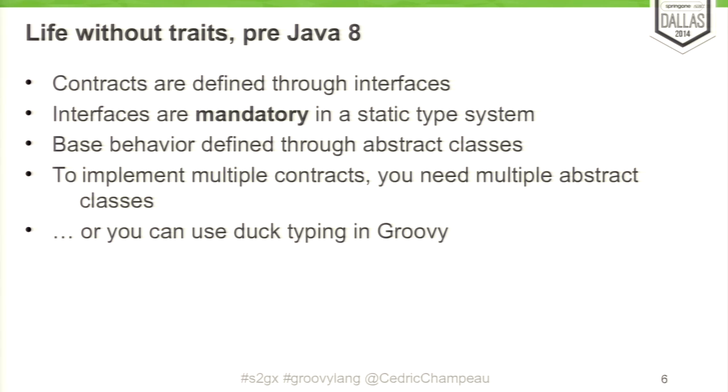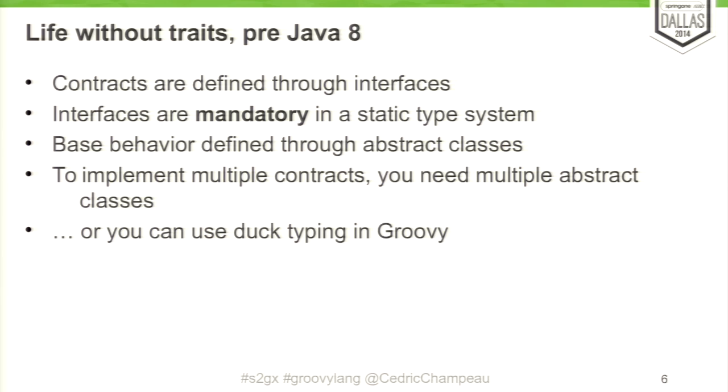And a message is a method call with some arguments. So within an interface, you can define a contract which is common to multiple classes. That's interesting to have contracts. It allows you to call methods on different types of objects which implement that single interface.